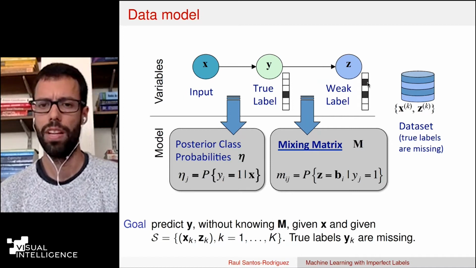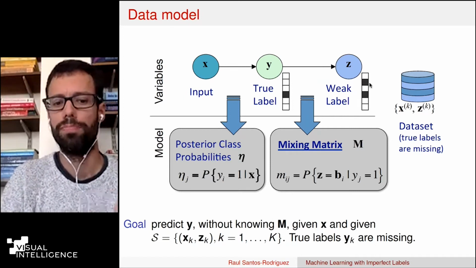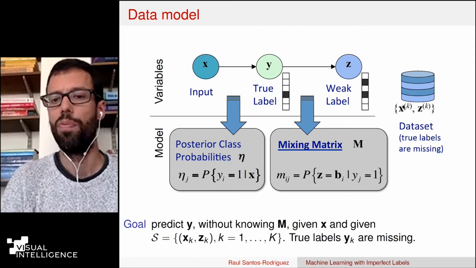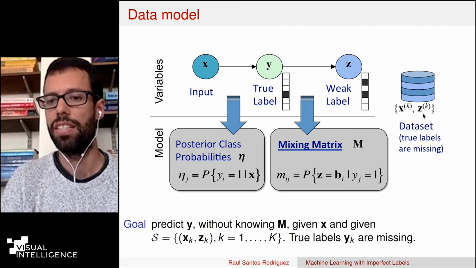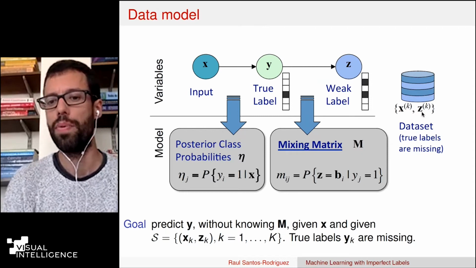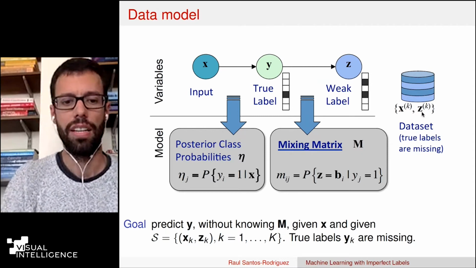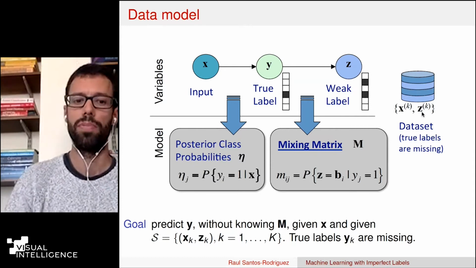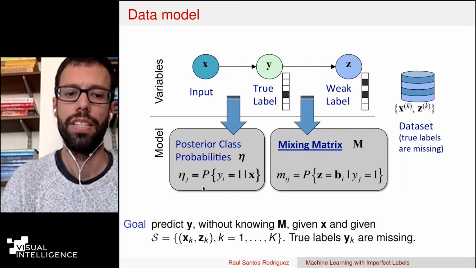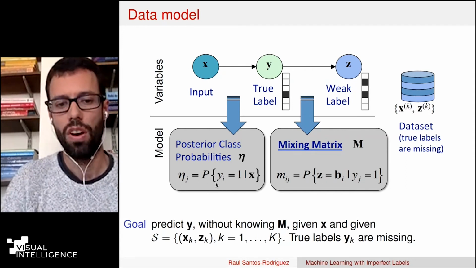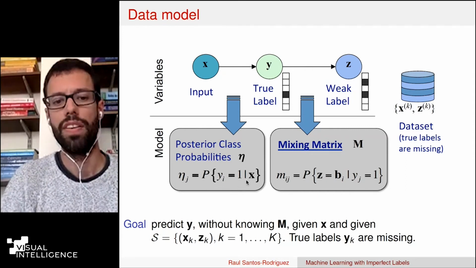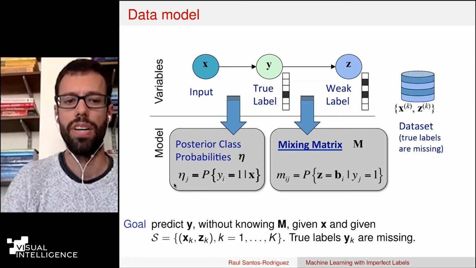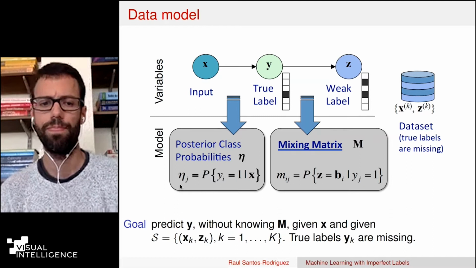The learning problem is then based on a data set of pairs X and Z, so input and a weak label. And there are two other objects that we need in order to characterize these problems. One is the posterior probability of a true class given the input sample that we refer to as eta.